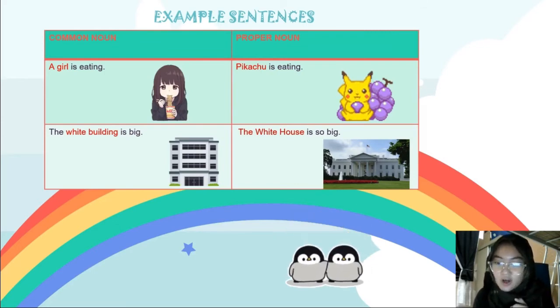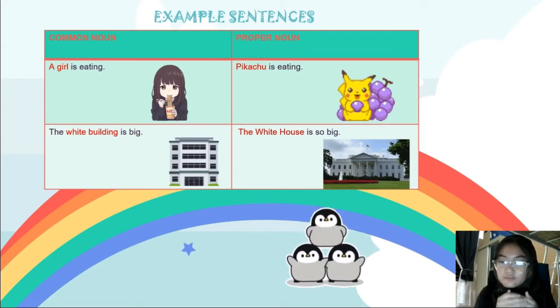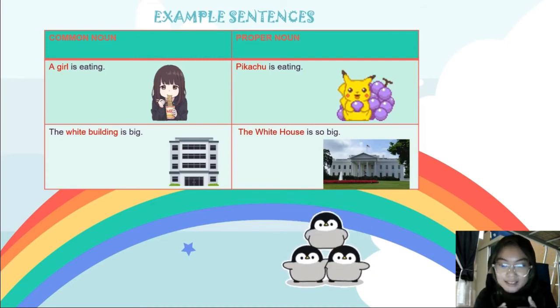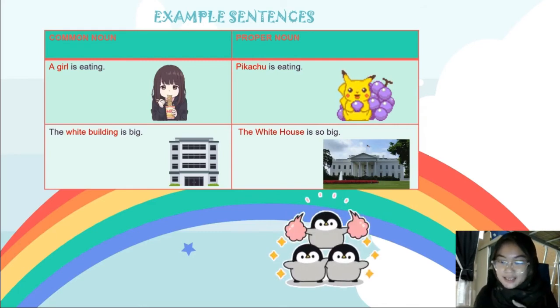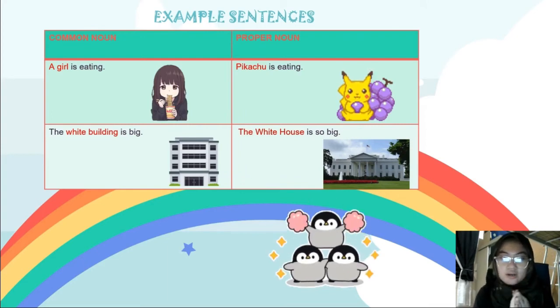Hence, it is called a common noun because you don't know the background of the girl. It is called a girl only. No other information. A girl is eating. We only know that there is a girl who is eating, but we don't know who she is, where she lives, what her hobbies are. Okay, that is a common noun.